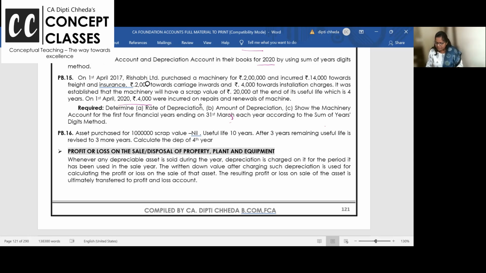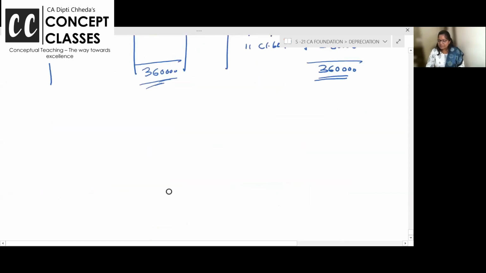Chalo. 15th problem we are doing now in class. Sum of the digits method. Problem number 15 we are doing in the class. All right.